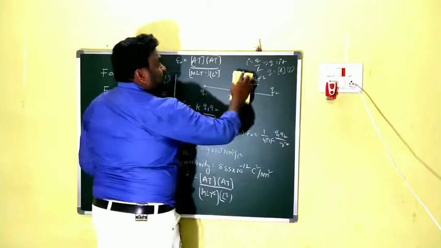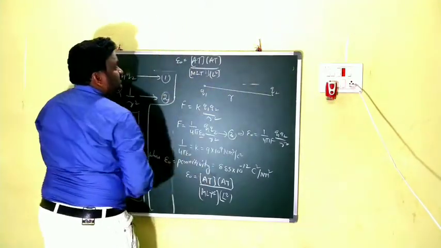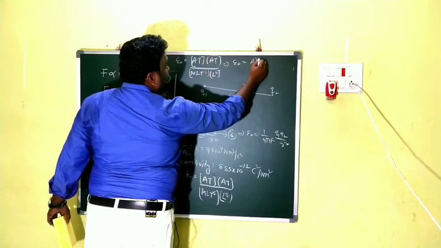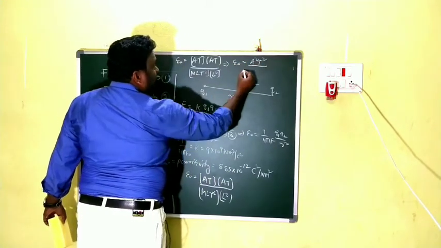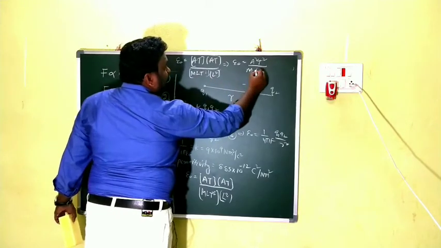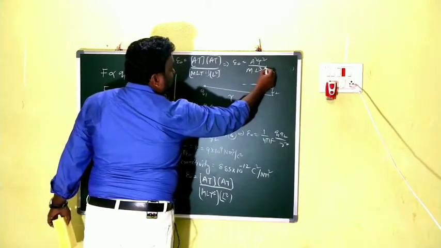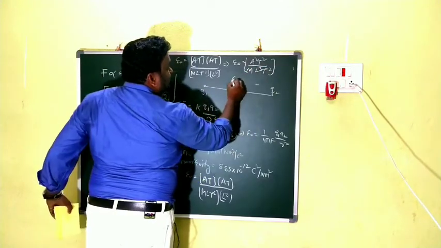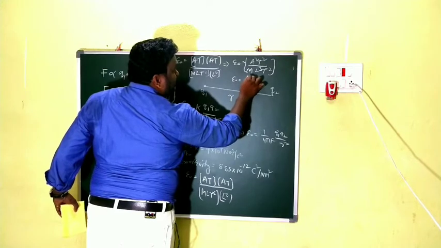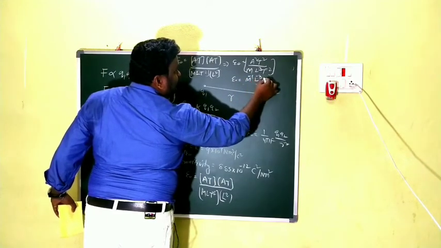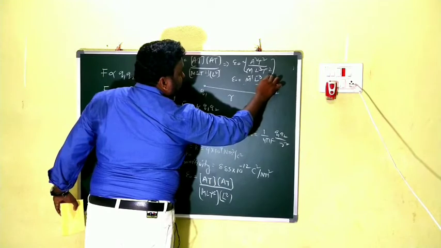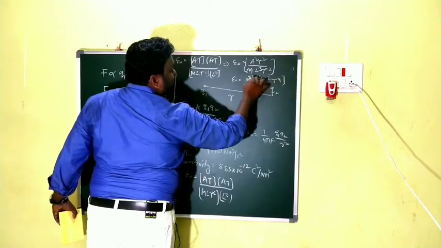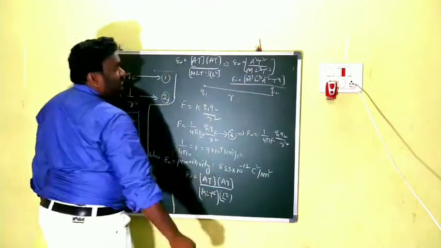So from that we can write epsilon naught is equal to A square T square by M into L square, which means L cube and T inverse 2. That means epsilon naught is equal to M inverse L inverse 3 A inverse 2 and T to the power of 4.